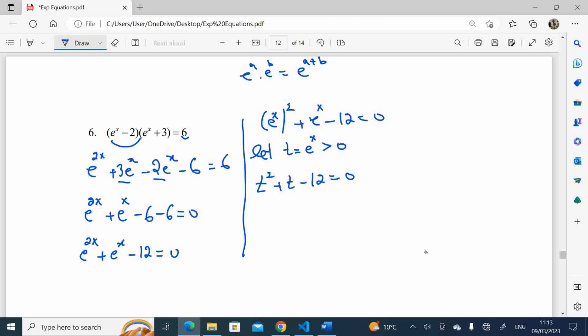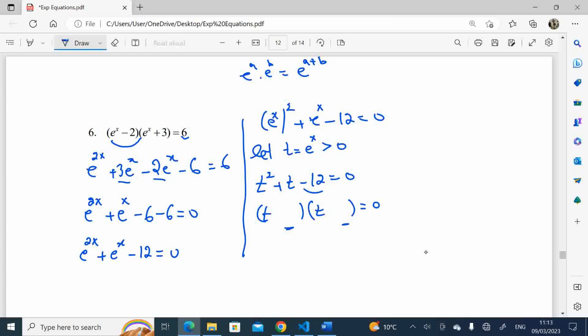It's up to you. If I try to factorize this quadratic, it should be a product of two factors equal to 0. So the first two factors should be t and t.